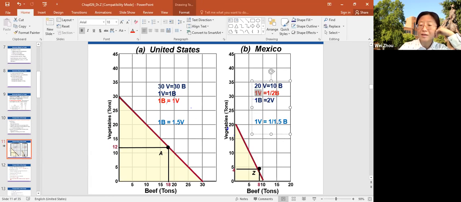Okay, Mexico gives up less beef on making vegetable, so it needs to make vegetable. US gives up less vegetable on making beef, so US needs to make beef. So in that case, both of them are making what they have lower opportunity cost. Okay, so if US is going to make beef only, and Mexico only makes vegetable, then they have to buy the other thing from the other country. Are you with me?